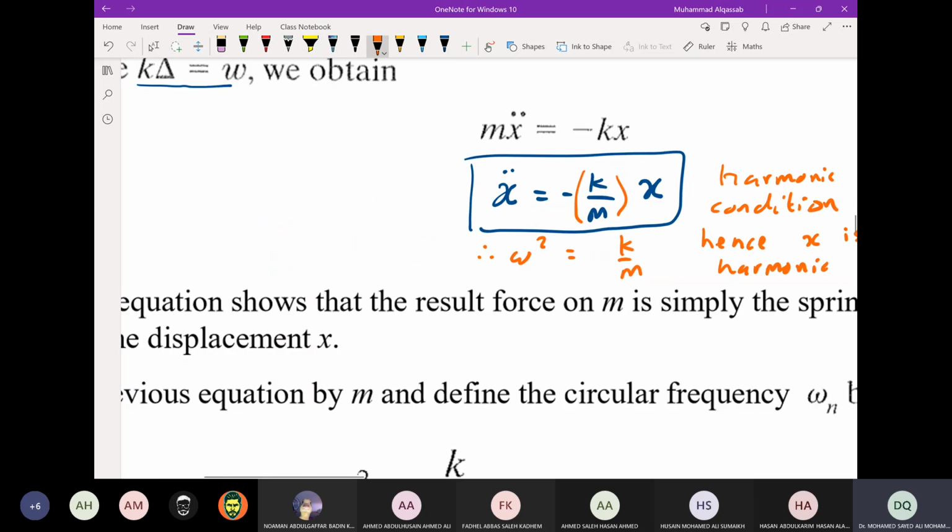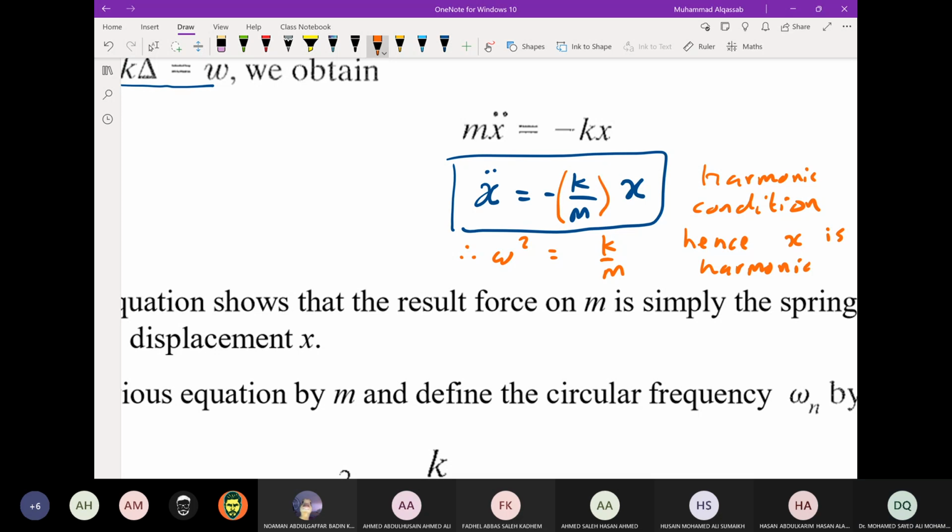This frequency, omega, we specifically designate as omega n. We name it omega n, where n is for natural frequency. So it is omega n squared, just to make a specific designation of the type of the frequency. This is the natural frequency.